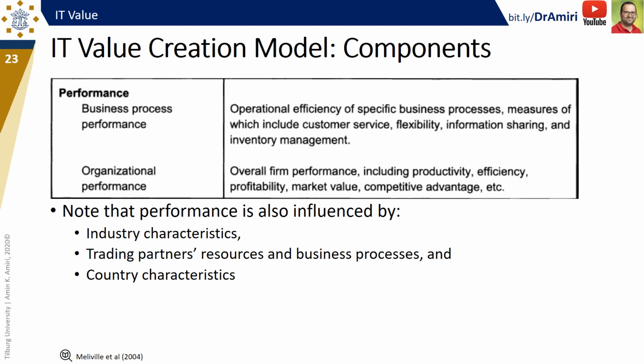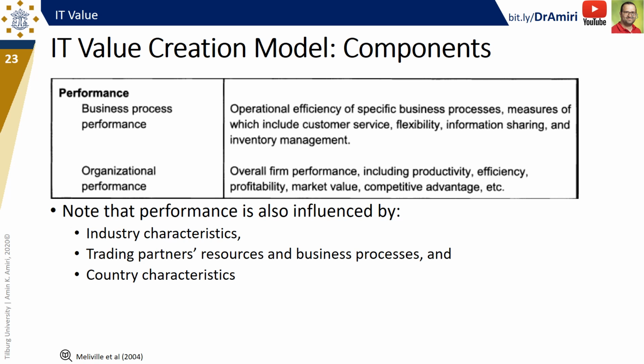We are going to have higher profit margins, the efficiency is improved. We are going to be more competitive than our competitors. We are having several advantages over our competitors, and so on and so forth. So that's how IT creates value for the organization.